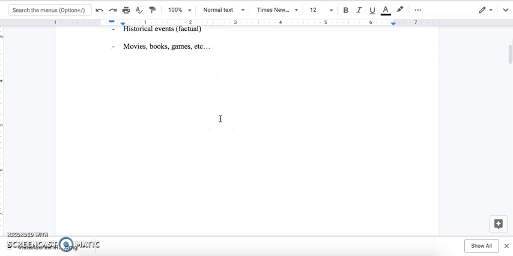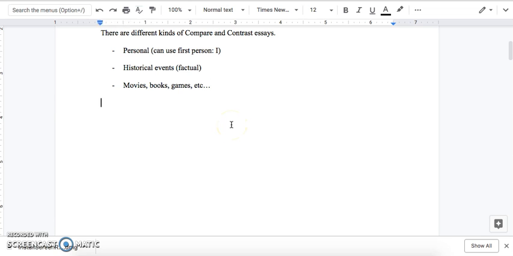So now that you know the types, we move on to our brainstorming. So first, I'm just going to say that I want to do a personal one. So I'd think of some ideas. So I'd be like, okay, how about comparing and contrasting my mom and dad, or my grandma and my grandpa, or my friend and I, or maybe my sister and my cousin.